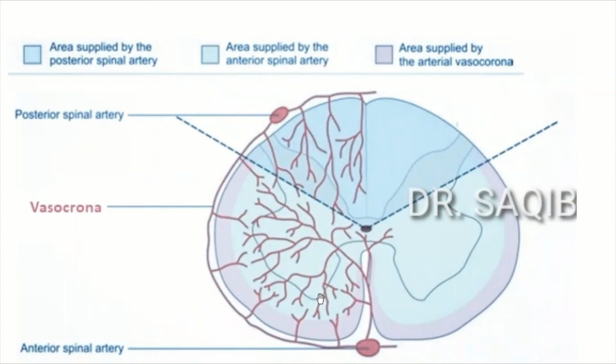The area anterior to that is supplied by the anterior spinal artery, which is a single anterior spinal artery. The anterior 2/3 is supplied by the anterior spinal artery, and the posterior 1/3 is supplied by the two posterior spinal arteries, right? This area here you go. Okay.